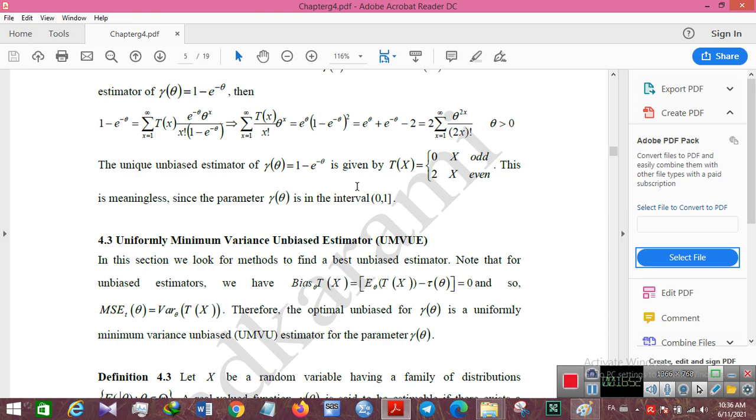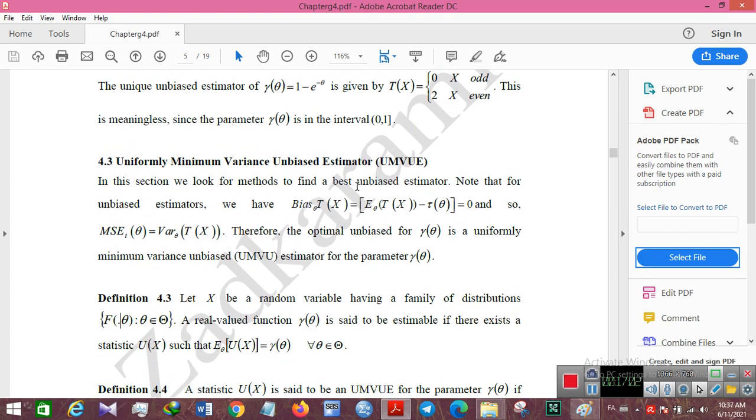In fact, we want to state the property of the unbiased estimator by this example. As we found in class, for an unbiased estimator the bias of T(X) is equal to 0 and the mean square error is equal to the variance.